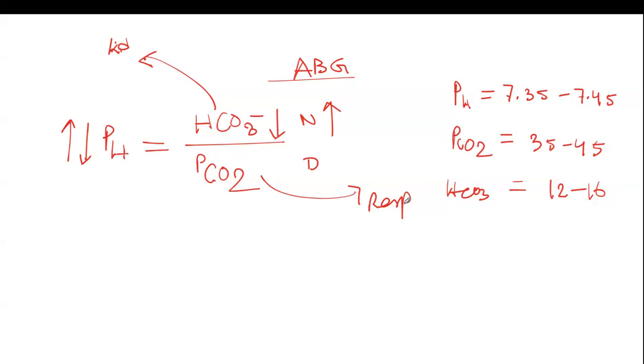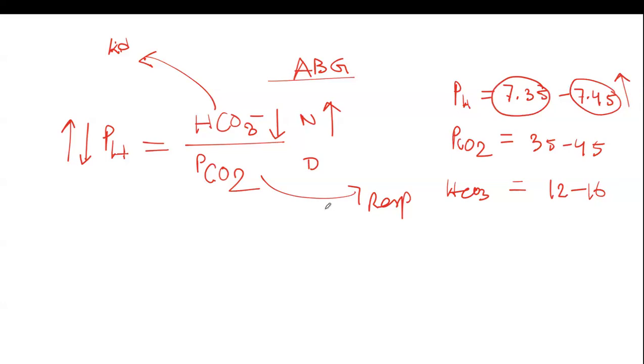Now, the problem is either acidosis or alkalosis. So what is acidosis? Acidosis means the pH gets below 7.35. Alkalosis is when pH goes above 7.45.